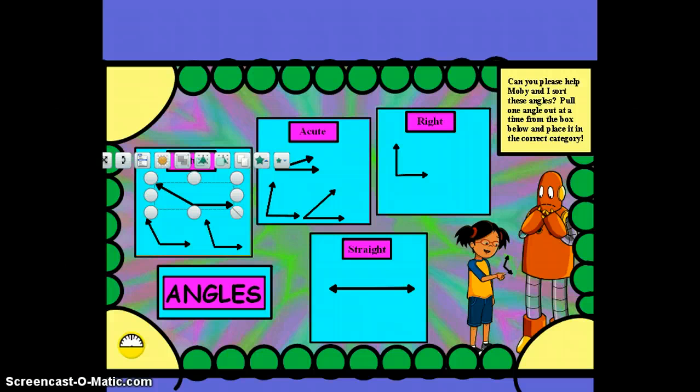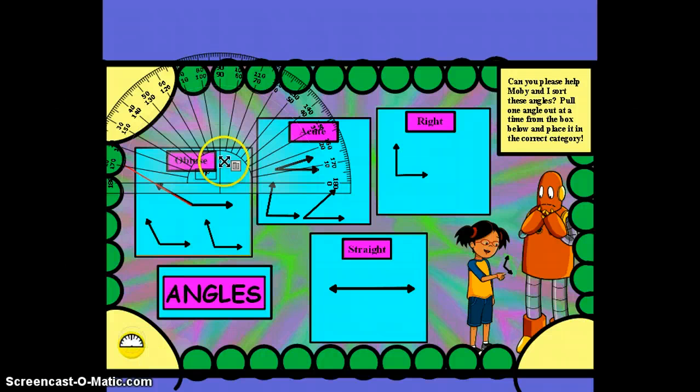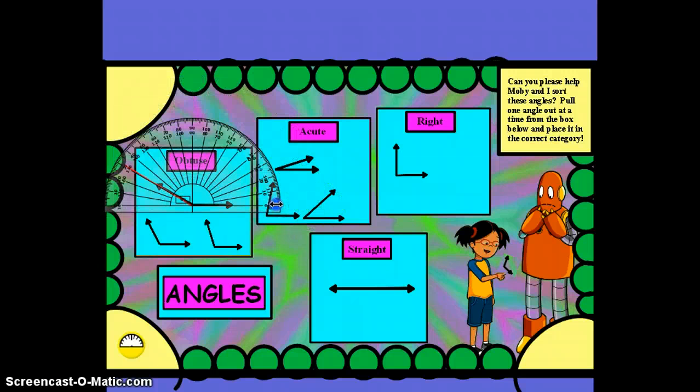And really quickly, one more time, I'm going to show you how I would measure this angle. And this one I'm going to extend this way. And let's see how it works once I try my protractor. I'm going to need to make this a little bit smaller.